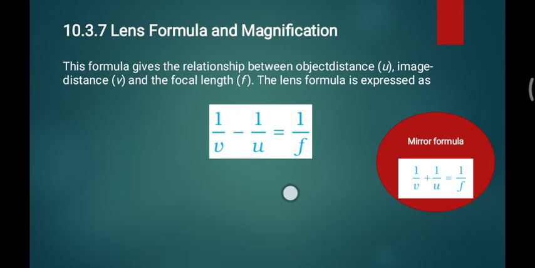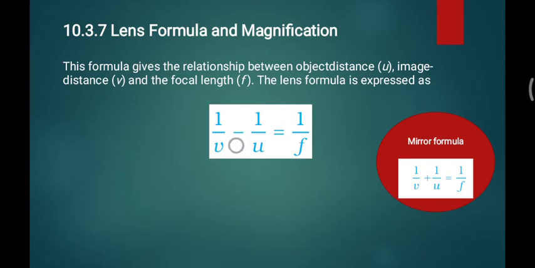The lens formula is a relationship, with exactly the same definition as we saw in the mirror formula, between object distance u, image distance v, and focal length f. This formula is expressed as 1 upon v minus 1 upon u is equal to 1 upon f. Now please note this difference.